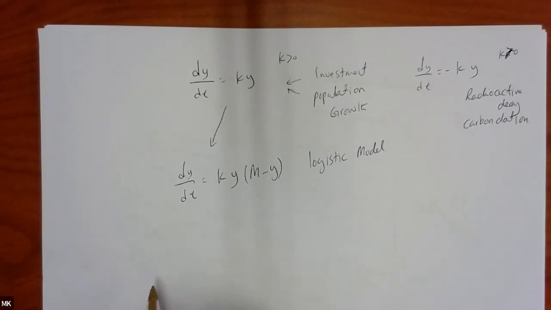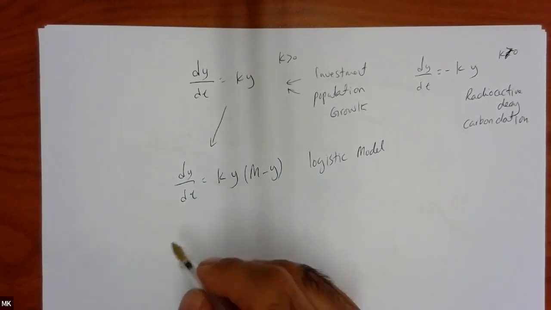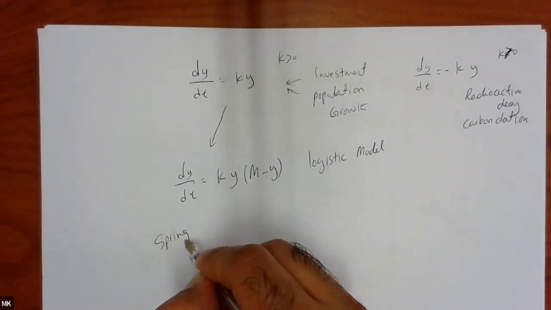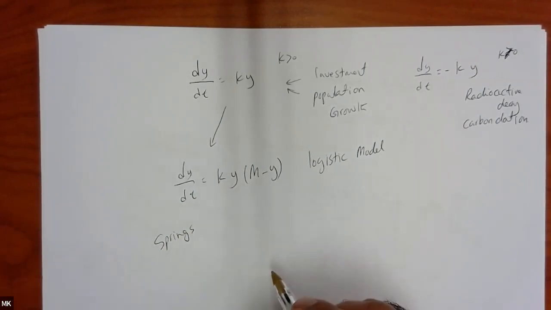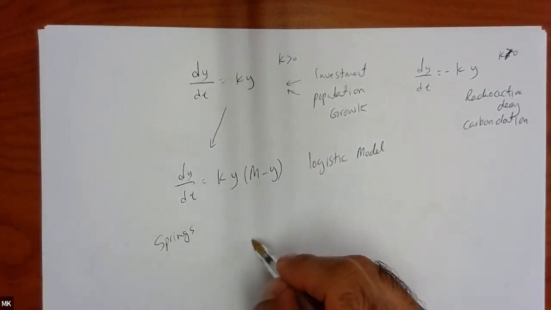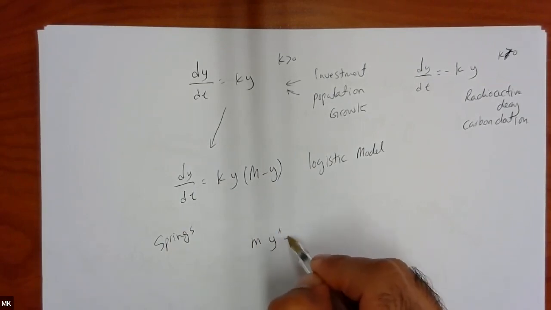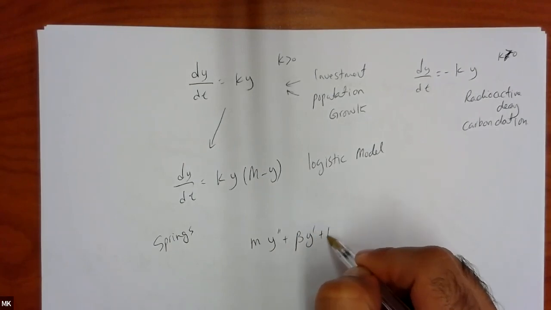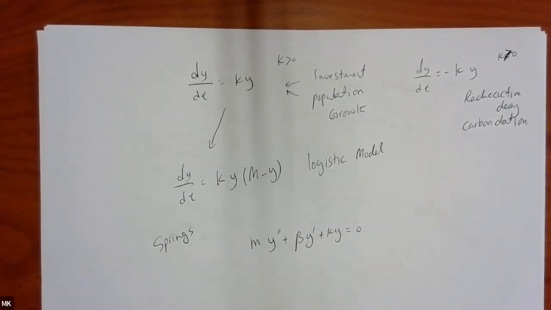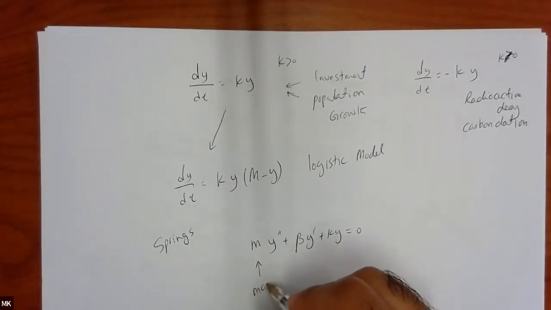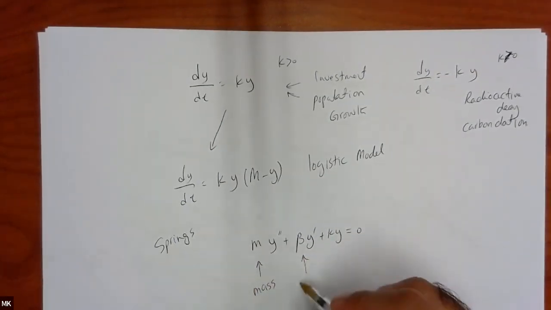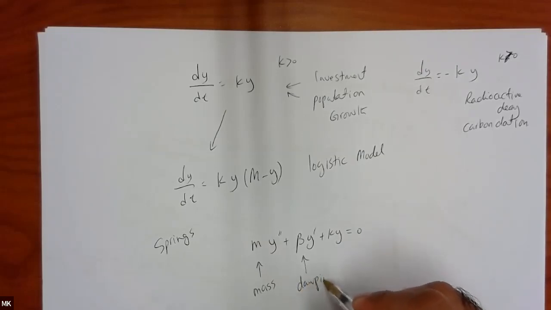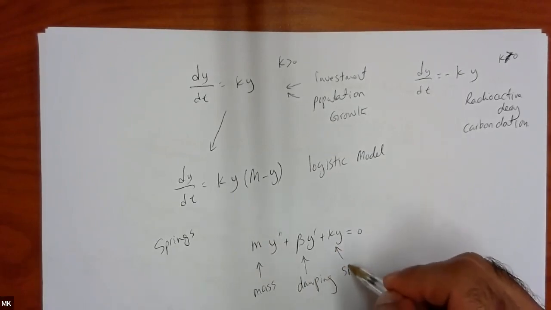Other examples of differential equations, the models are springs. A damped spring model would look something like this, where m refers to the mass hanging from the spring, beta refers to the damping factor, and k is the spring constant.